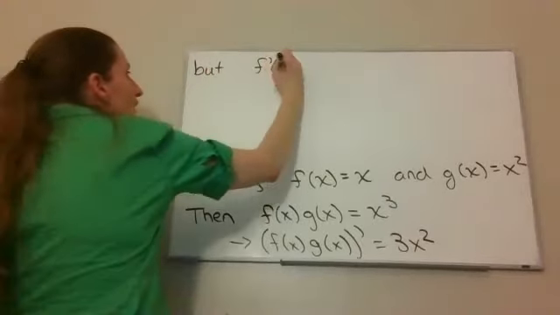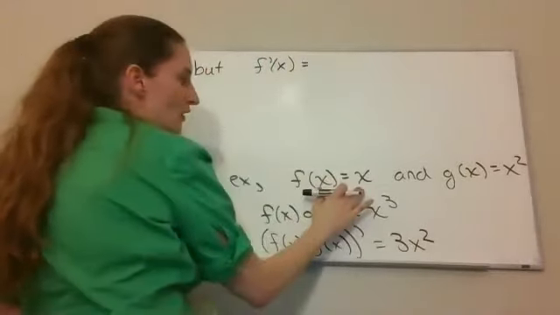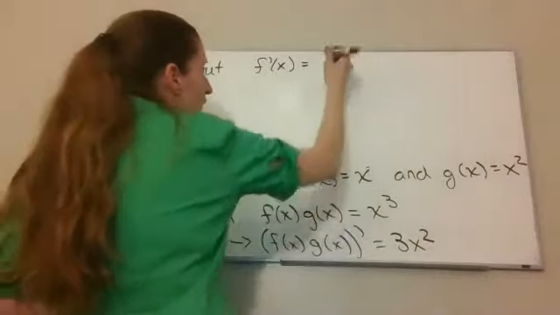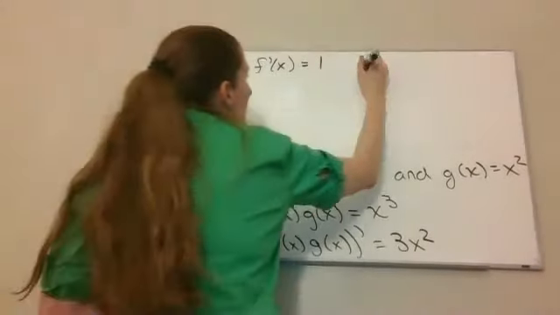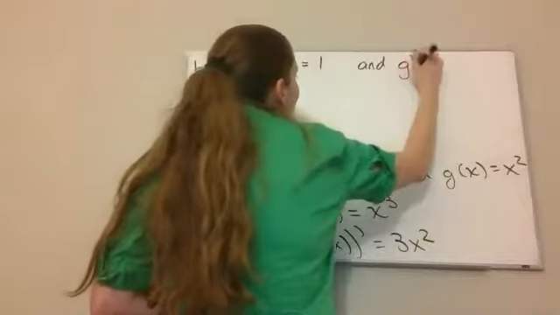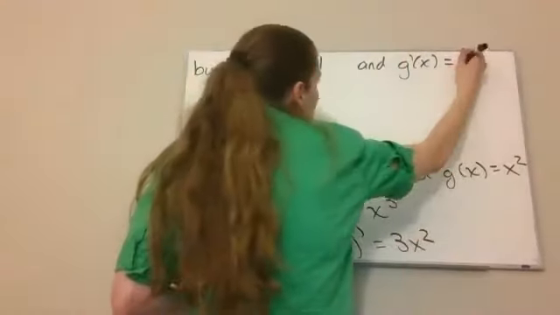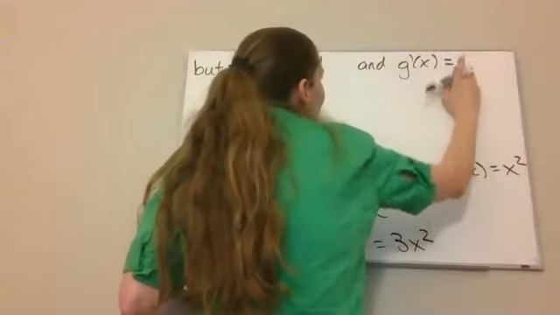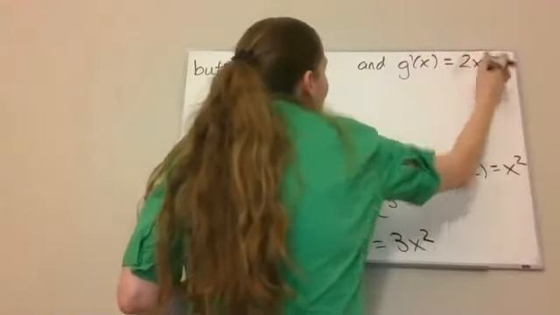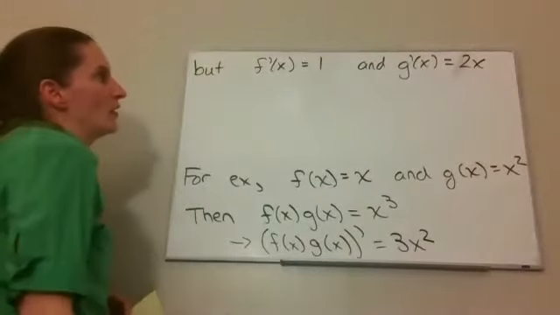The derivative of f is the derivative of x. Derivative of x is 1. And the derivative of g is using our power rule from the last time. 2 comes down and multiplies onto the x, and the new power on the x is a 1.